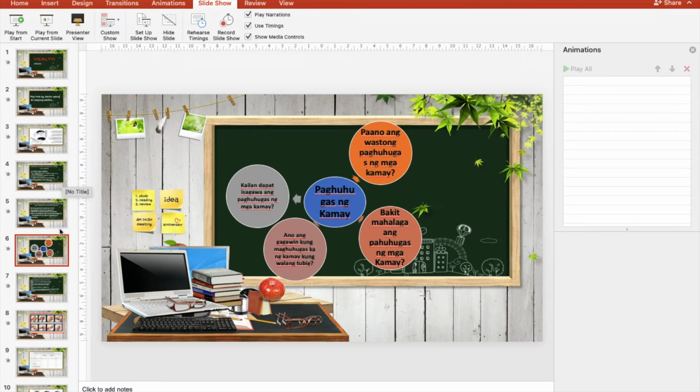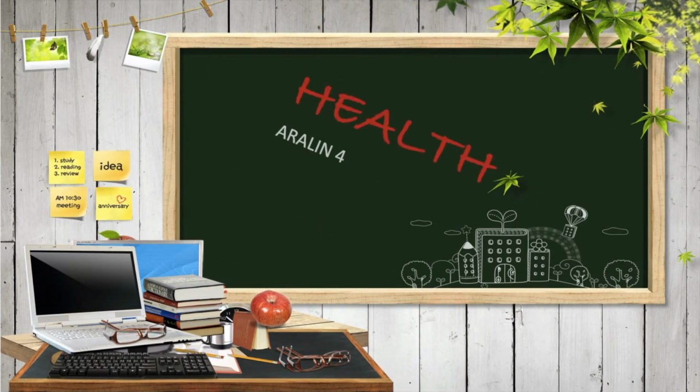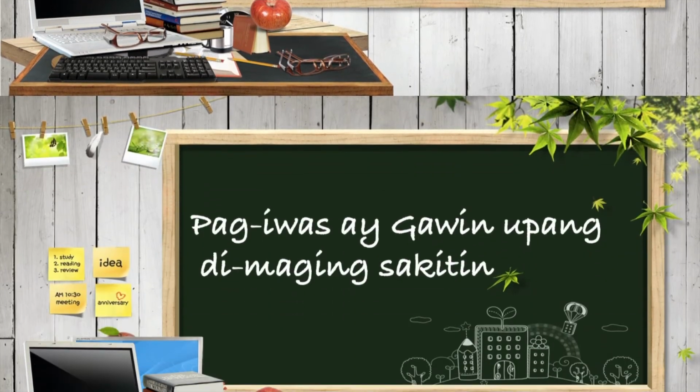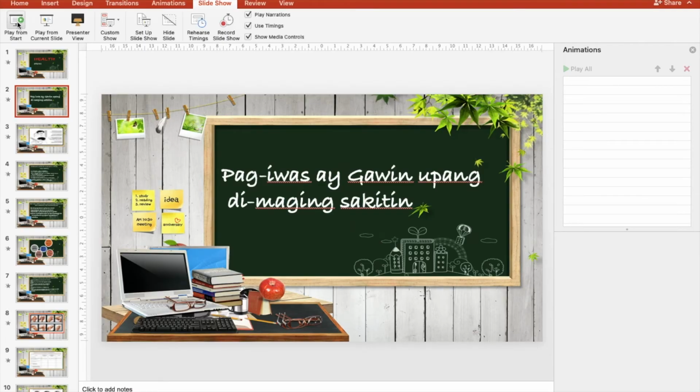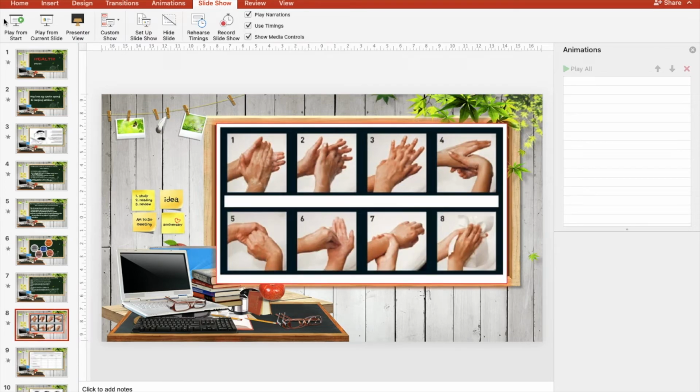So let's try. If I want to start from the start of this presentation, the first slide. So this is your first slide. And if I want to start my presentation on the number 8 slide, just click play from current slide.